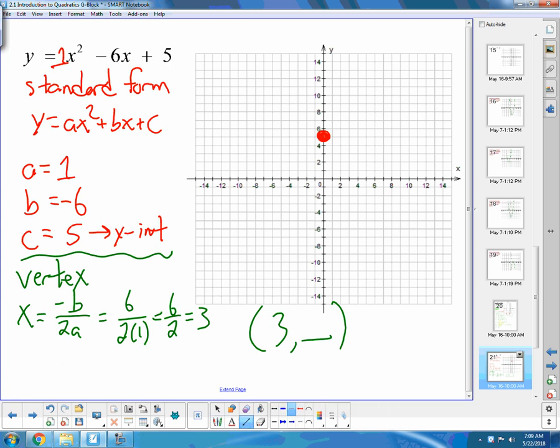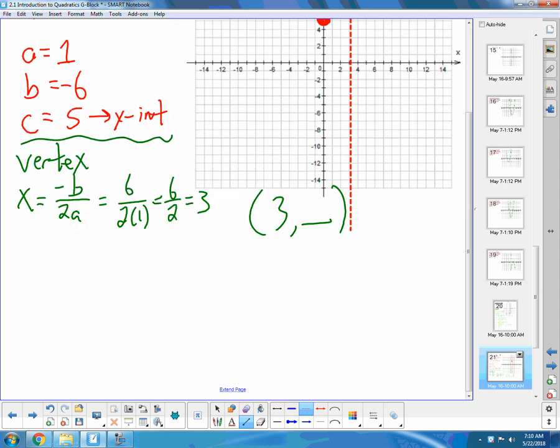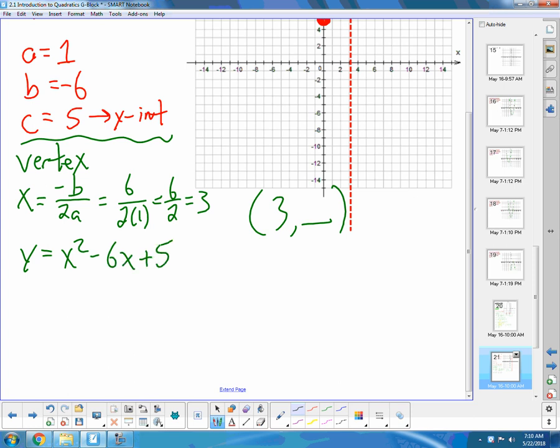So I know my vertex is going to be 3 comma something. Same as I saw before, I'm going to have this axis of symmetry through 3. My vertex will be along there somewhere. As usual, if I have half of a point, I have one of the coordinates. I will take my equation. I will make a substitution.